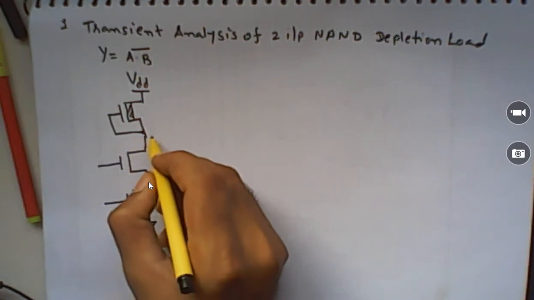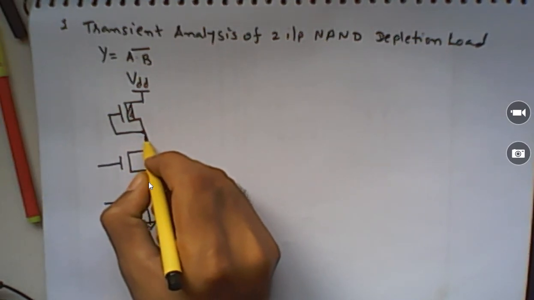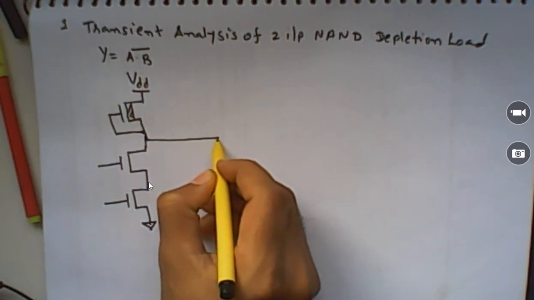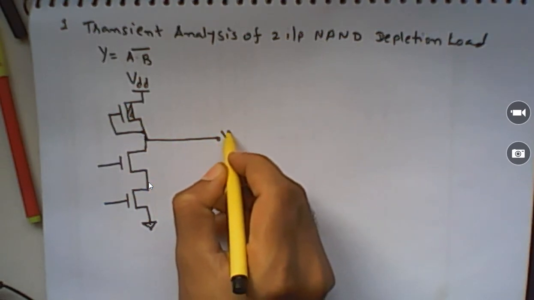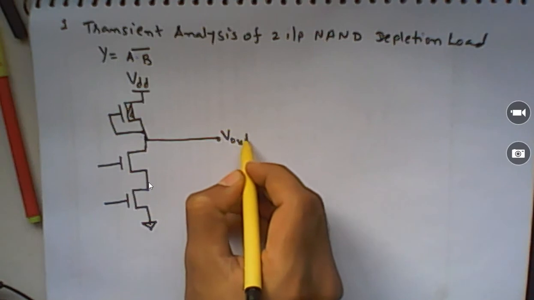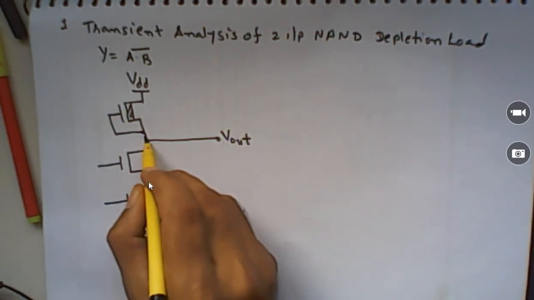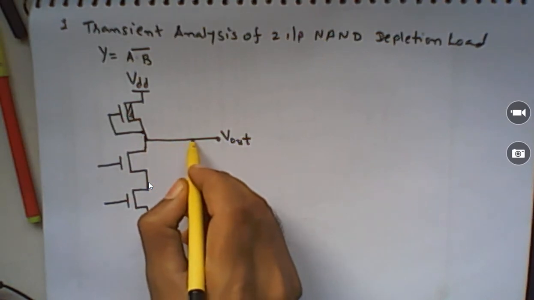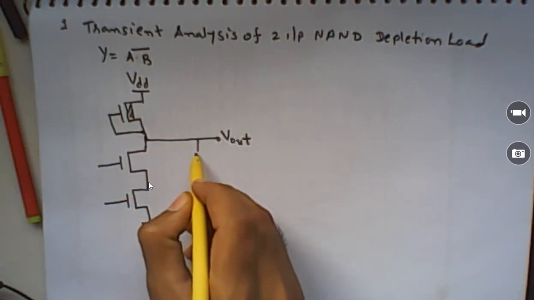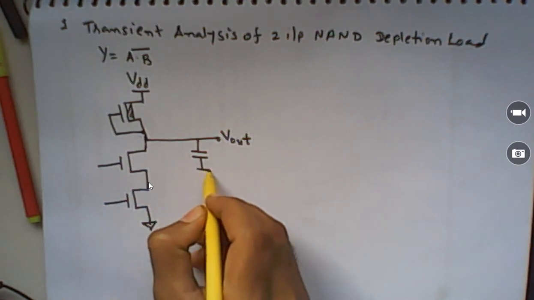Now here we want to find the total output node capacitance, which is formed between the output and the ground. The first capacitance between output and ground is due to this wire, called the wire capacitor.